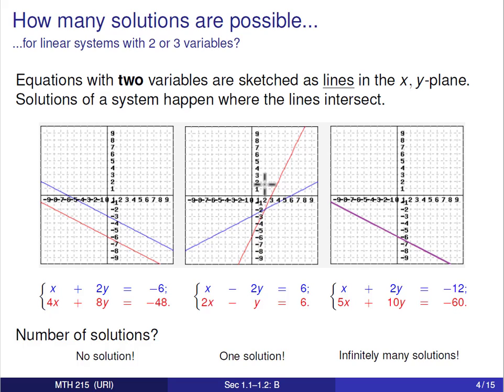So even though our solution consists of two numbers, x equals 2, y equals -2, those two numbers form one single solution. There's one point of intersection. And finally, in this last example, where the two lines actually coincided, they had the same graph, there were infinitely many points of intersection, telling us that there are infinitely many solutions to that system of equations.